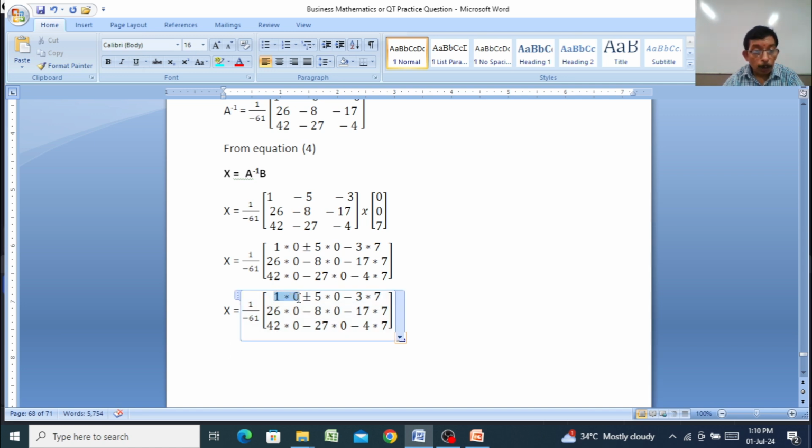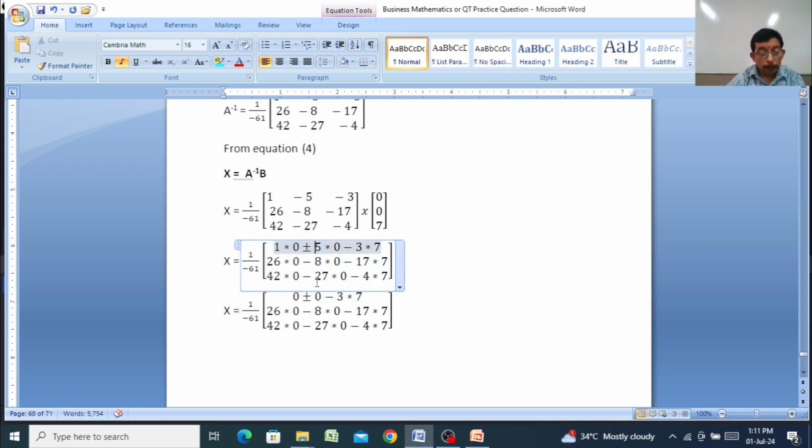1 multiplied by 0, the result is 0. 5 multiplied by 0, result is 0. Now 3 multiplied by 7, result is 21. Note down 21. First row multiplication is complete.